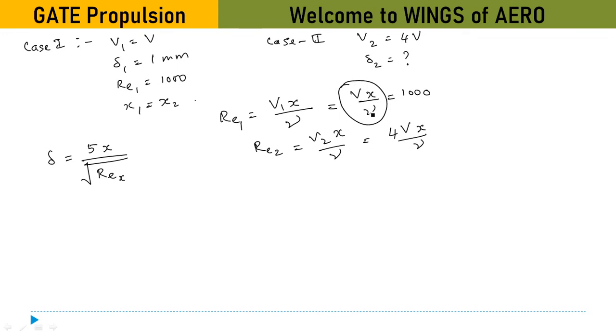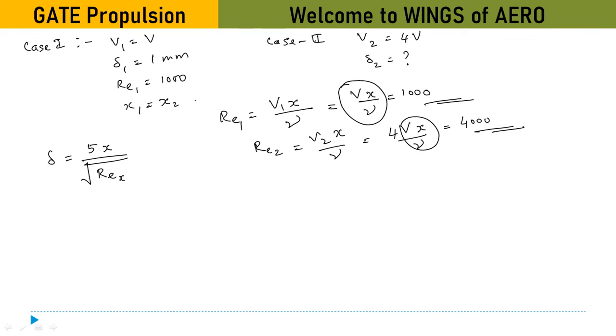Now what is our main aim? To find out this del 2. So del 1 is 1 into 10 power minus 3 by del 2 equals root over 4000 by 1000, so we'll get 2.